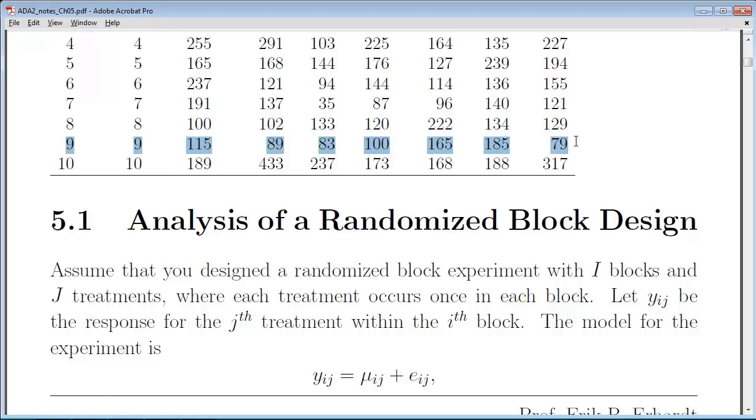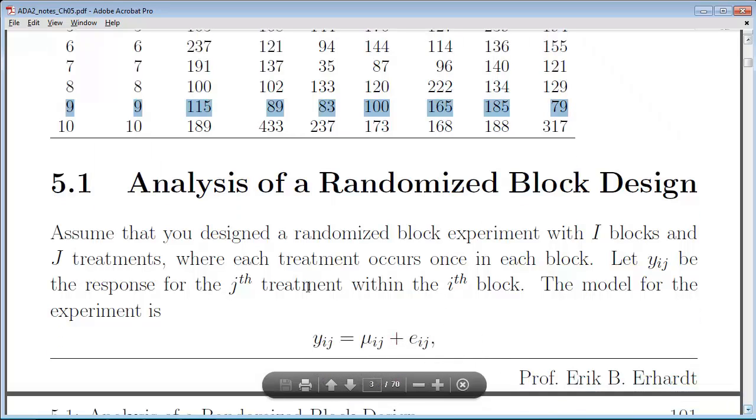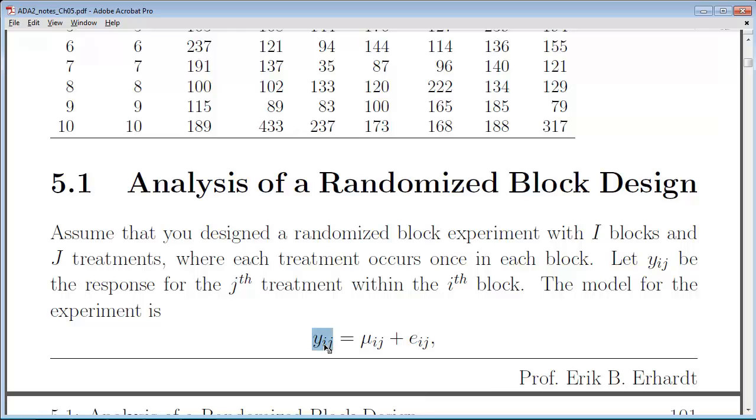They're a block because they are self-similar to themselves, and they'll have different reactions to the different treatments. And we want to know the differences between treatments. j here is which treatment it is. So for example, Y_ij where i is 9 and j is 2 would be block 9, and 2 would be the second treatment. So Y_92 is 89.